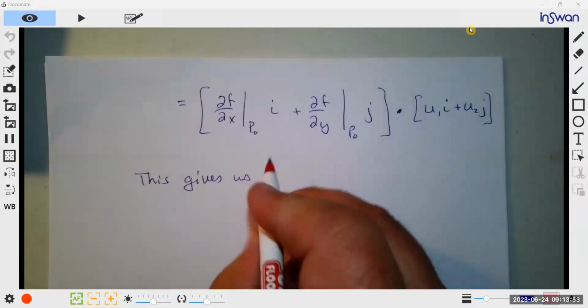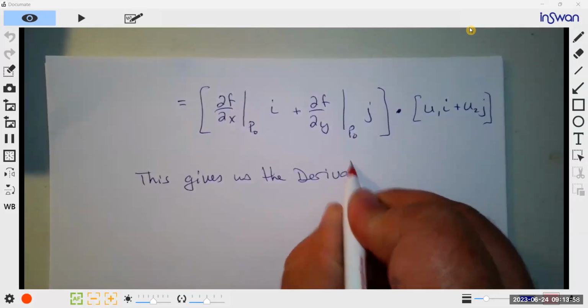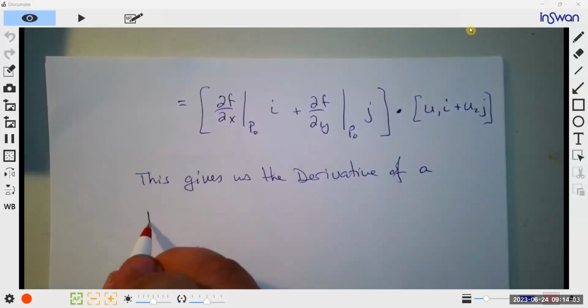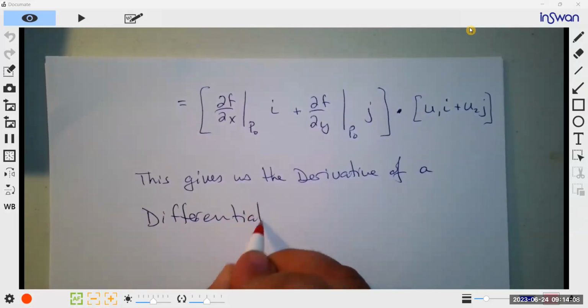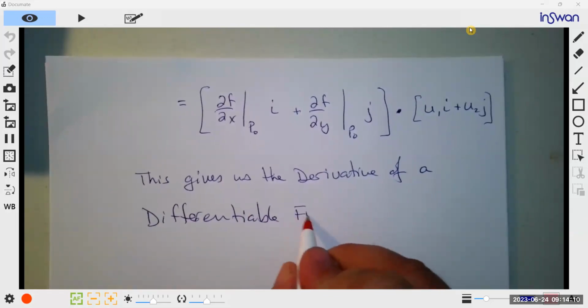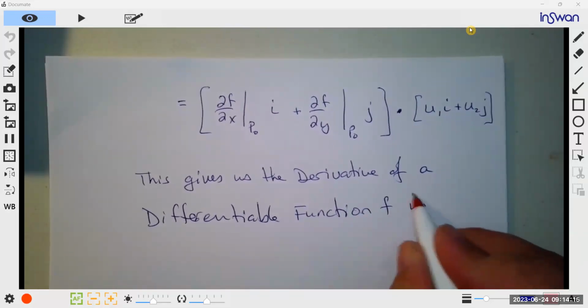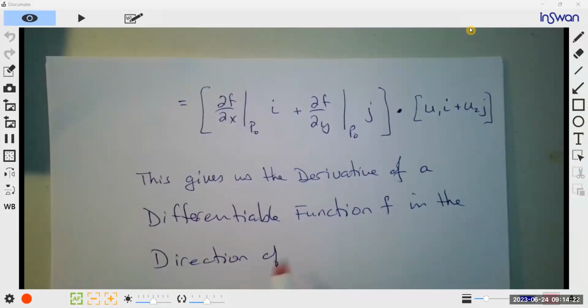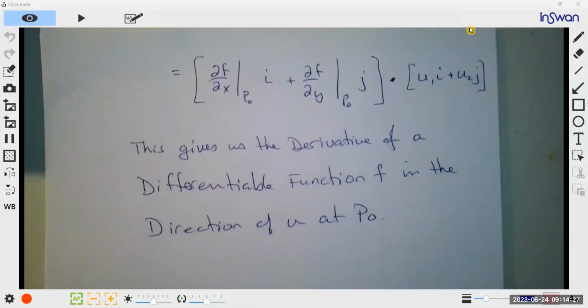This gives us the derivative of a differentiable function f in the direction of u at point P sub 0.